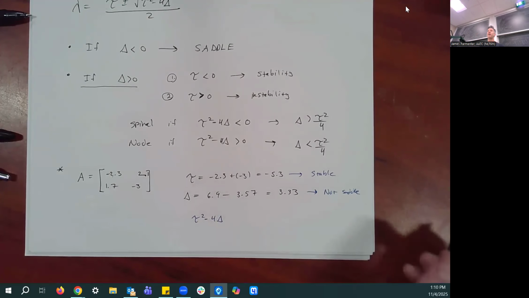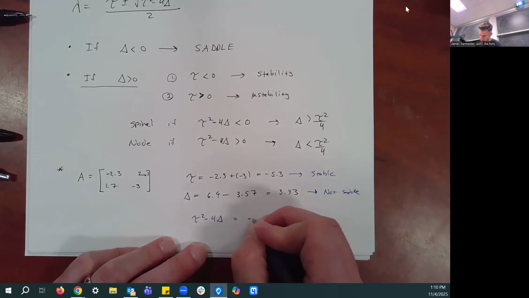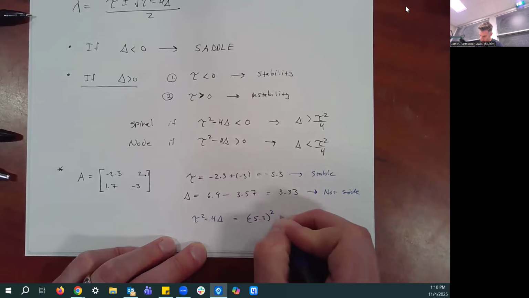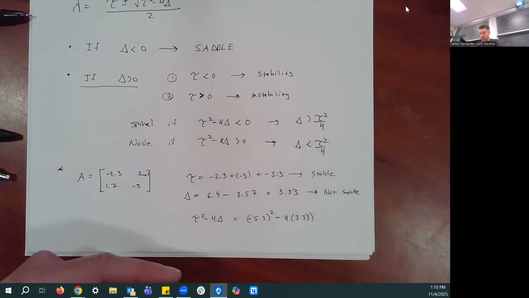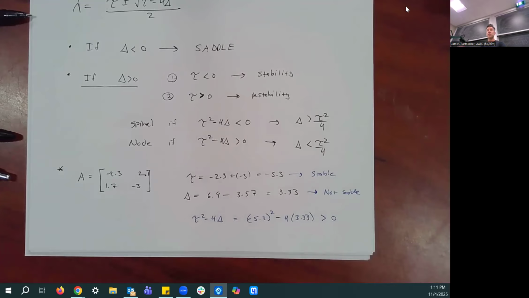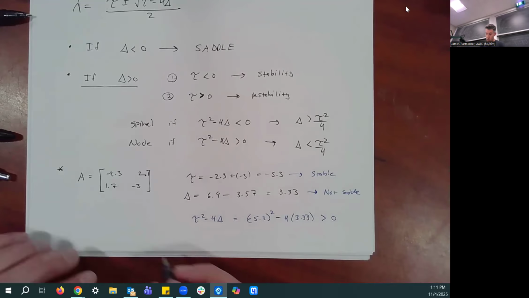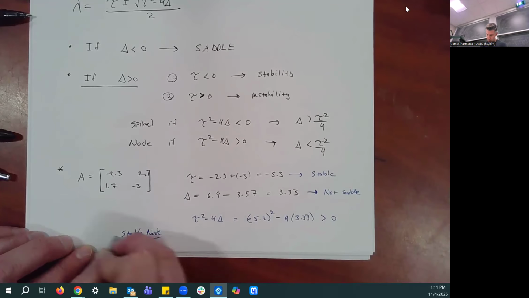Okay, so yeah, it's still not great, but such is life. But we can see that negative 5.3 squared minus 4 times 3.33 is definitely going to be positive, meaning our eigenvalues are real, meaning we have to have a stable node.